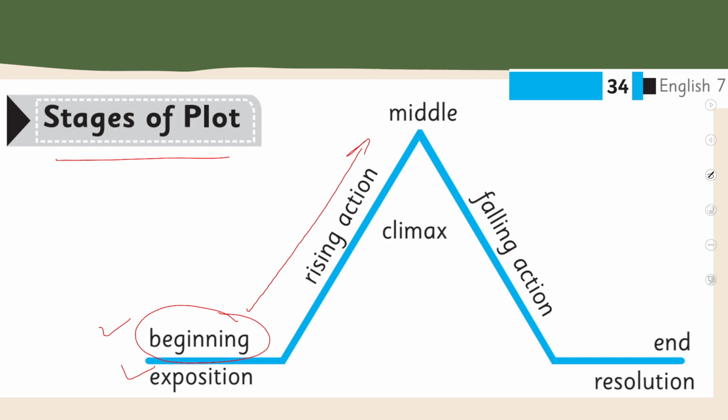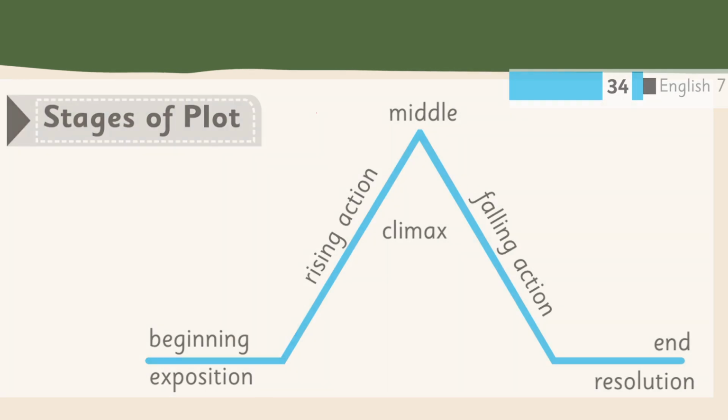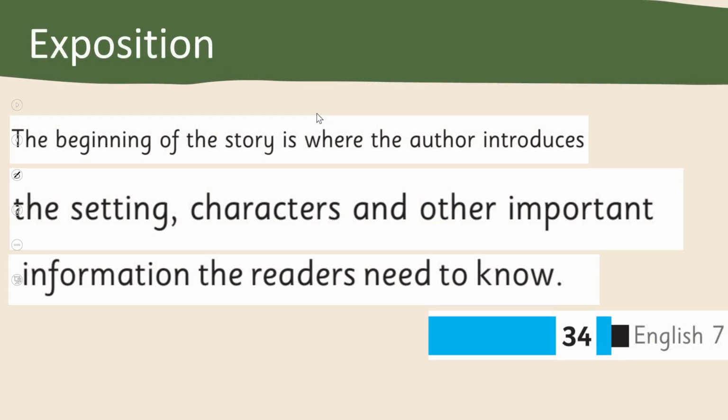All the problems and the characters are introduced, and now we are moving on to the climax part, to the middle, and then the story starts to have a falling action followed by a resolution, and how the story is resolved, which we also call the end or resolution. So this is our whole graphical representation of stages of plot development. Now let's see them one by one.